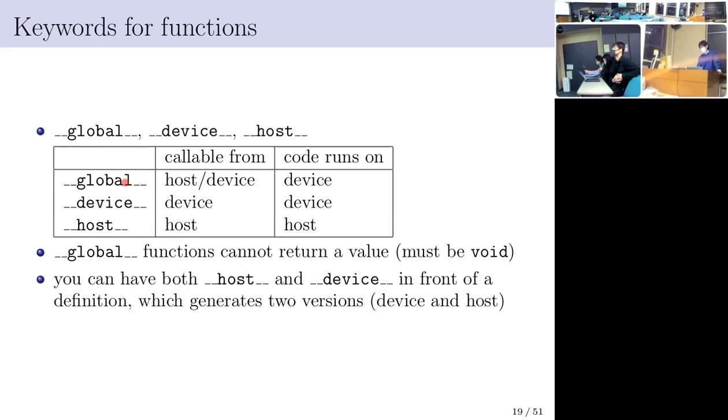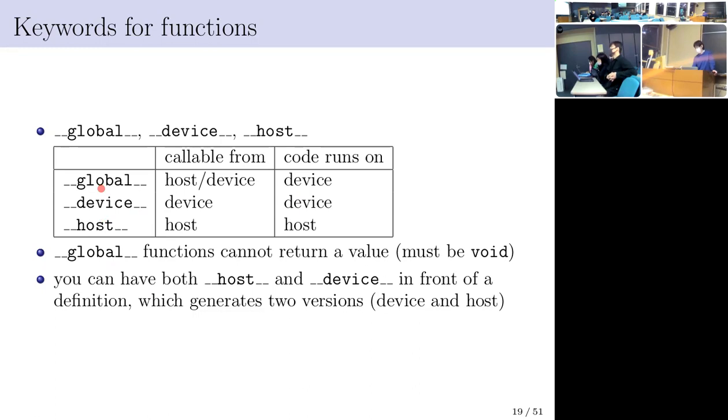There are three important keywords to attach in front of functions: global, device, and host. Device and host are somewhat obvious. Device says this function should be compiled for the GPU, or device, and host says this function should be compiled for the host CPU.